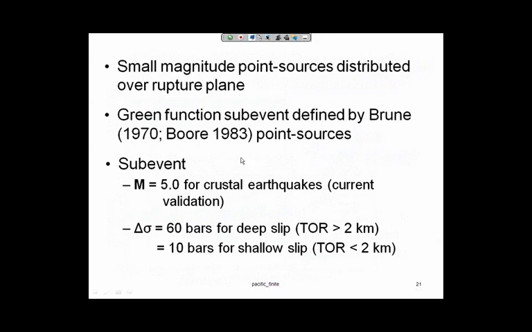The subfault events use a magnitude 5 to build up those subfault ruptures. For stress drop, you have 60 bar on average, but they do have 10 bar for fault depths less than 2 kilometers. So they too have a consideration for shallow depth ruptures.